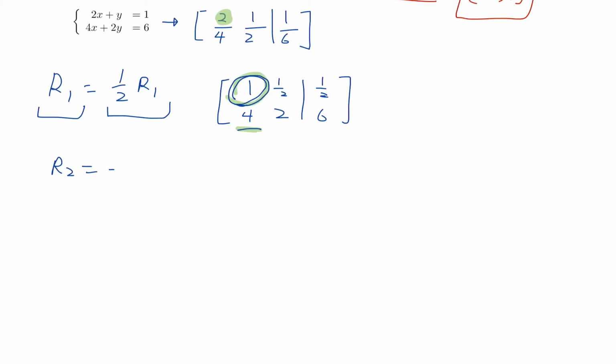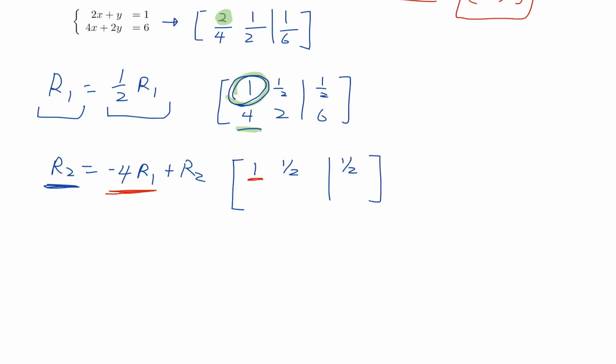Negative 4, right? So I'm going to do row 2 will become negative 4 times R1 plus R2. Okay. So again, we're only changing R2. So row 1, just stay as it is. Copy what it was from the previous step.